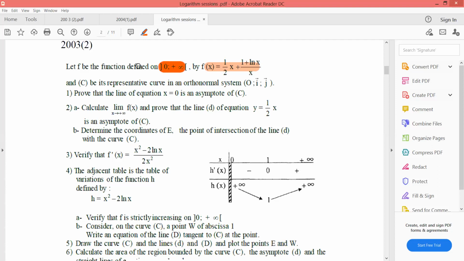Yes. The function is defined over 0 plus infinity by f(x) equal half x plus 1 plus ln x over x.